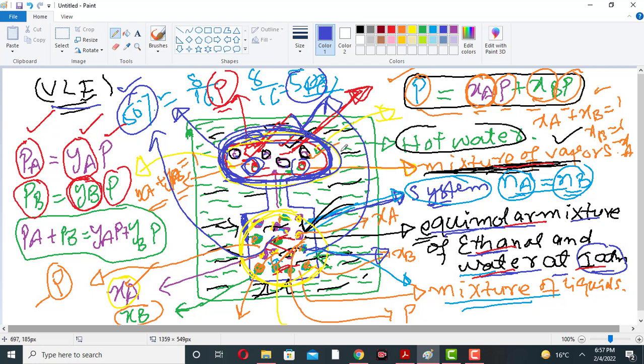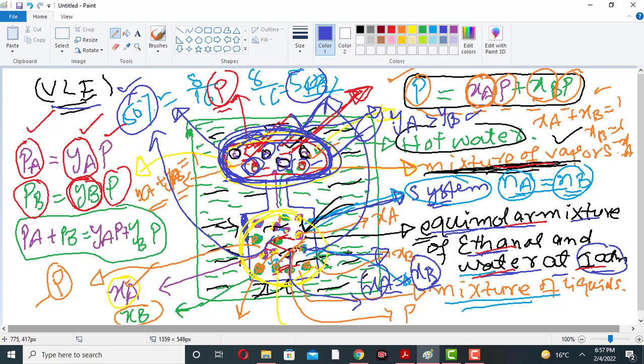The mole fraction of ethanol in the vapor will be high, because there are a large number of ethanol molecules in the vapor phase compared to water vapor. So YA will be greater than YB, but XA will be equal to XB in the liquid mixture because it is equimolar.